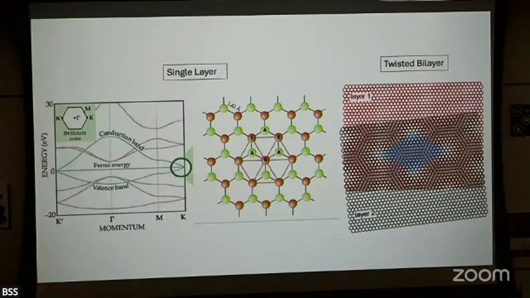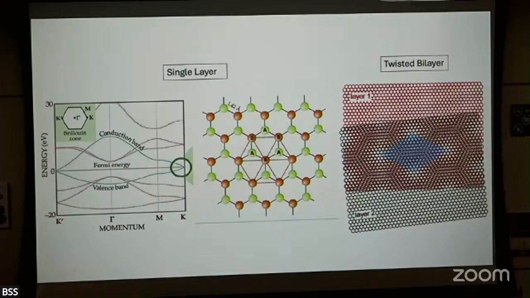So let's start at the beginning then. I want to make one observation about the properties of an isolated graphene system as a two-dimensional crystal, because it informs one of the prejudices I have about the properties of twisted bilayer graphene.